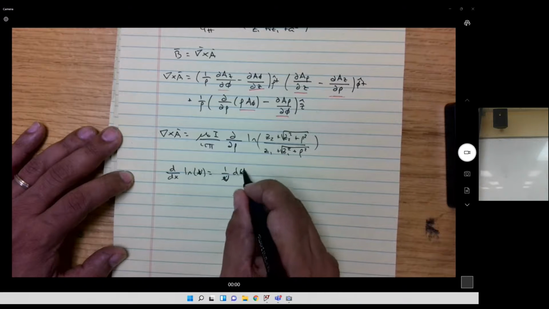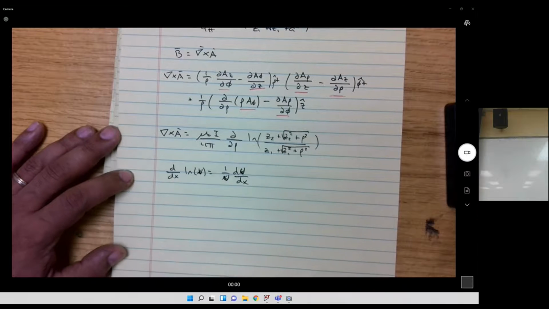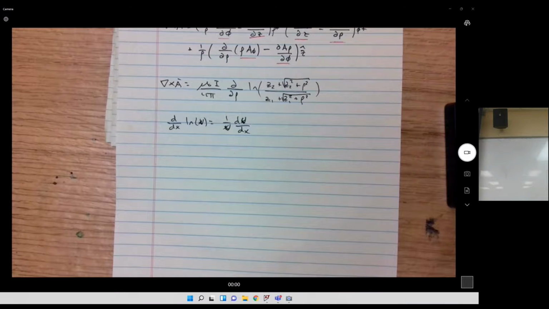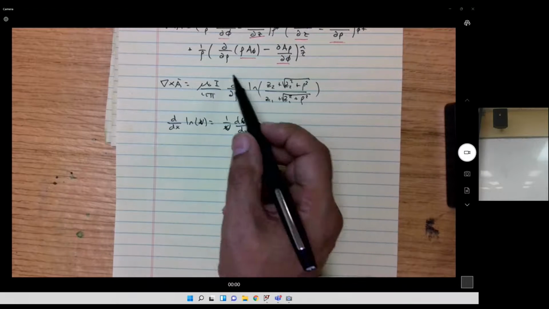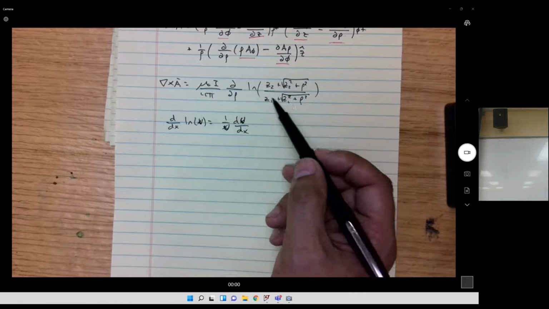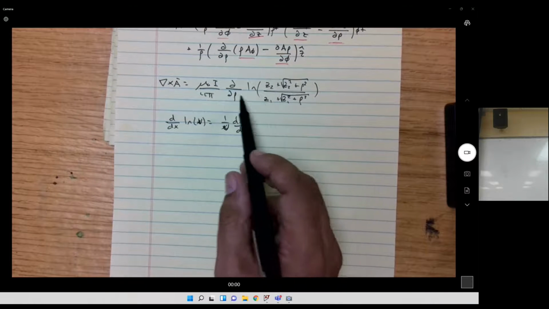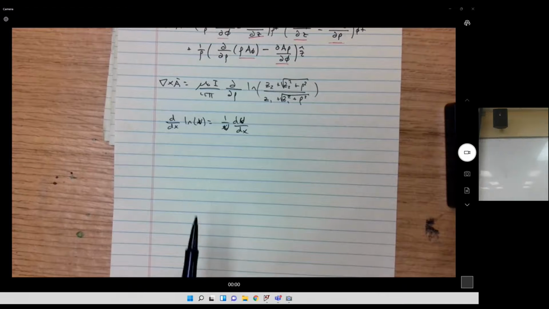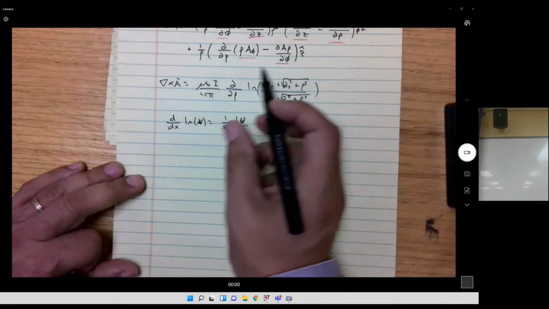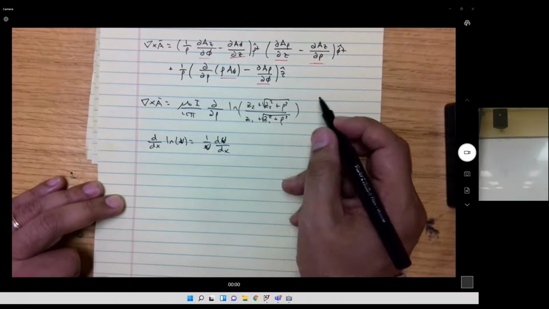Before you fall asleep, try to do this derivative of the argument of this natural logarithm. And that's going to be in the z direction.